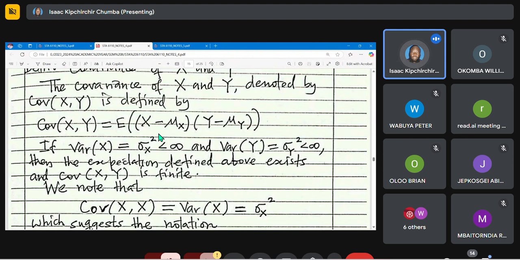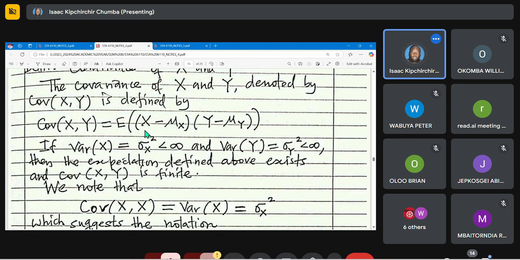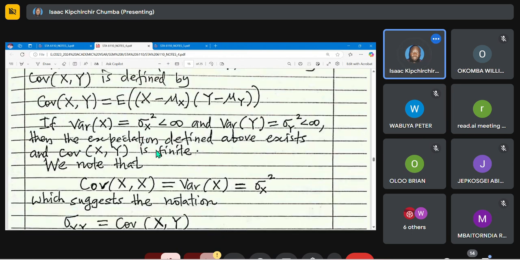If the two random variables have finite variances, then this covariance we have defined will exist, that is, the covariance is finite.